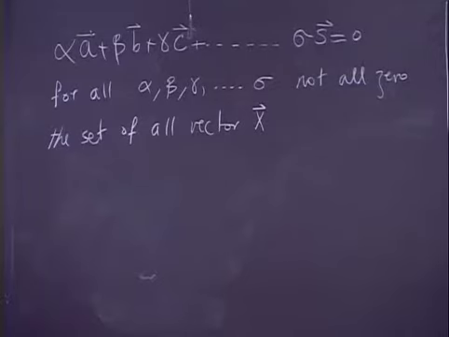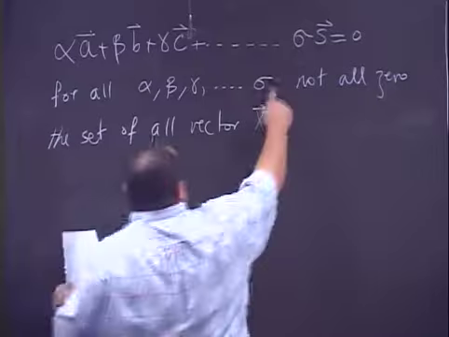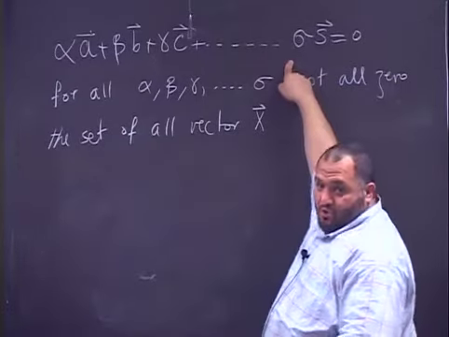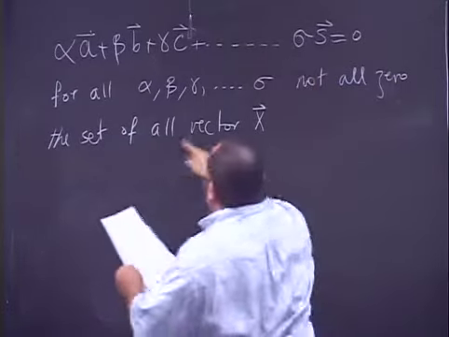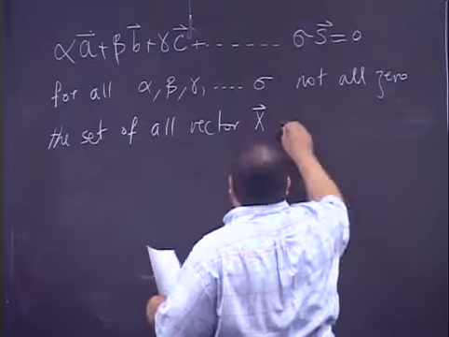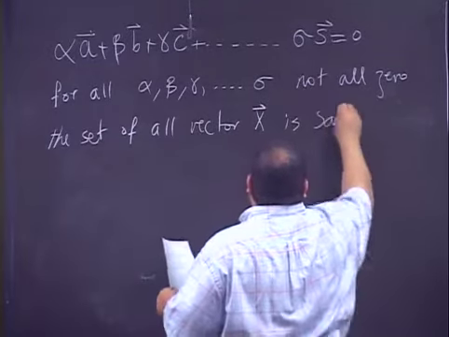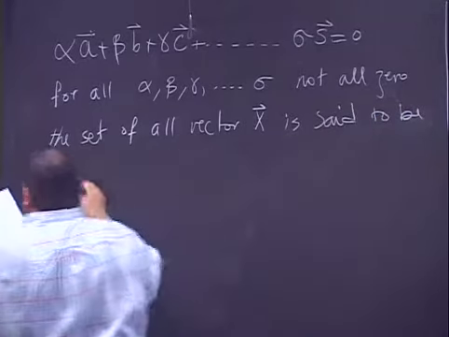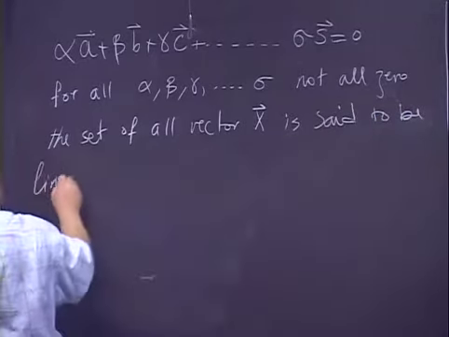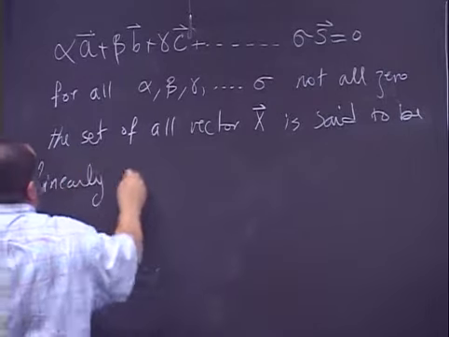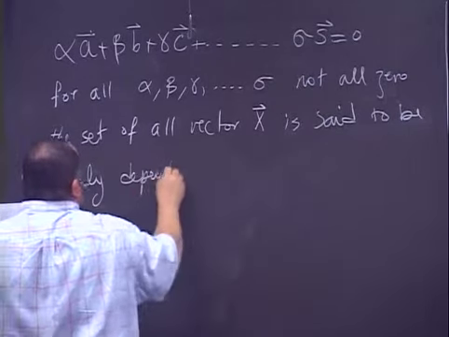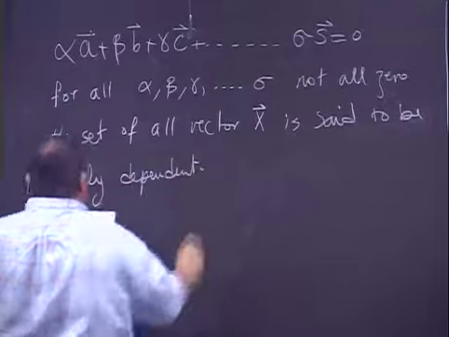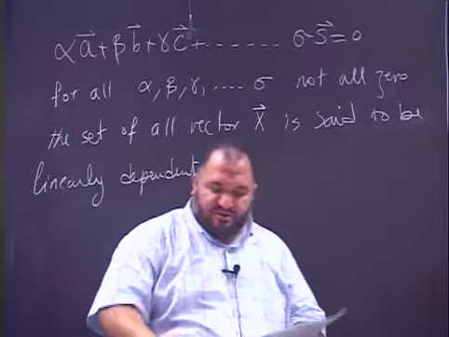The set of all those vectors x is said to be linearly dependent if this condition holds.